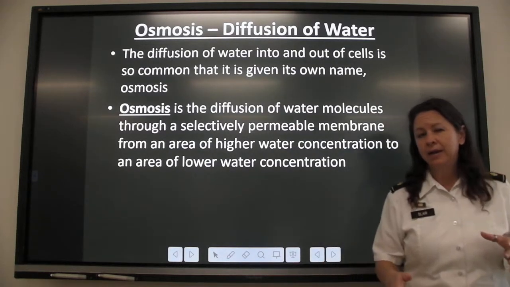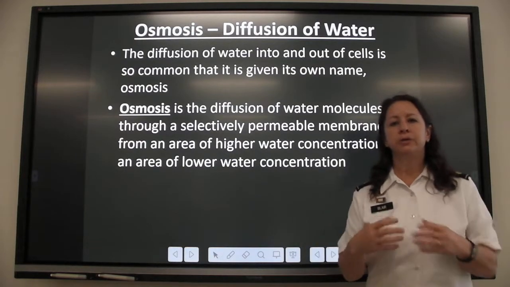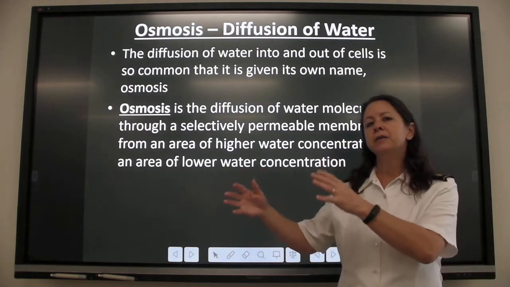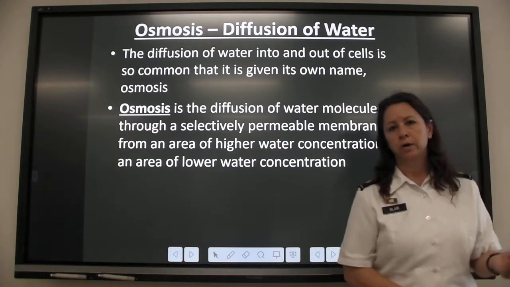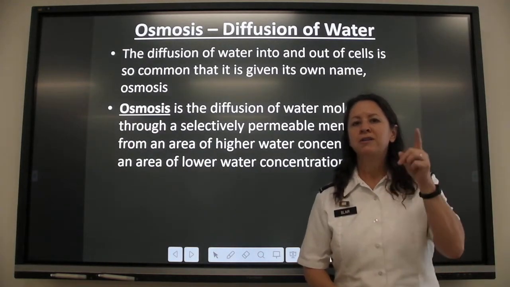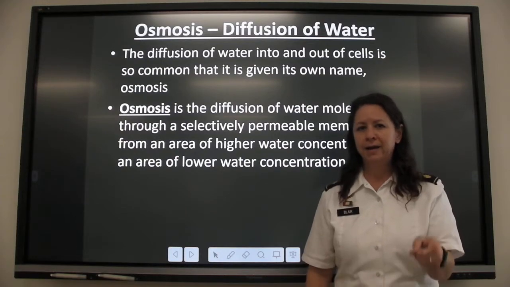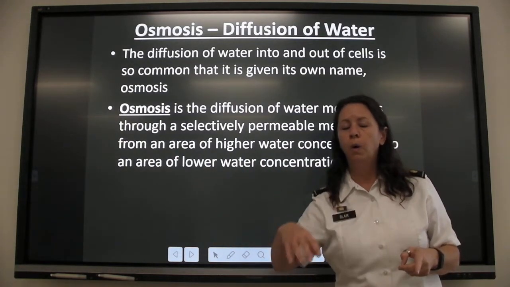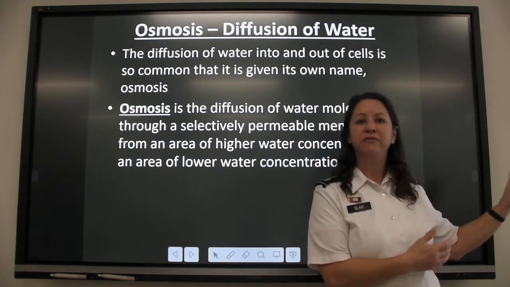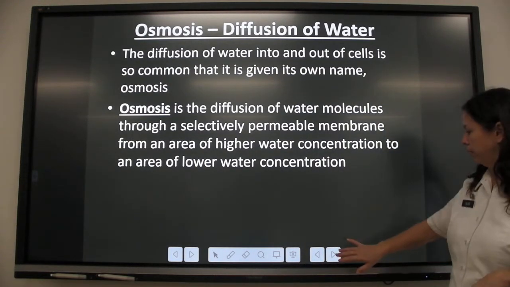What that means is that water is going to move from where there is more water to where there is less water. Just remember, water doesn't like a crowd. Wherever there is more water, water wants to leave and move to where there's less water.